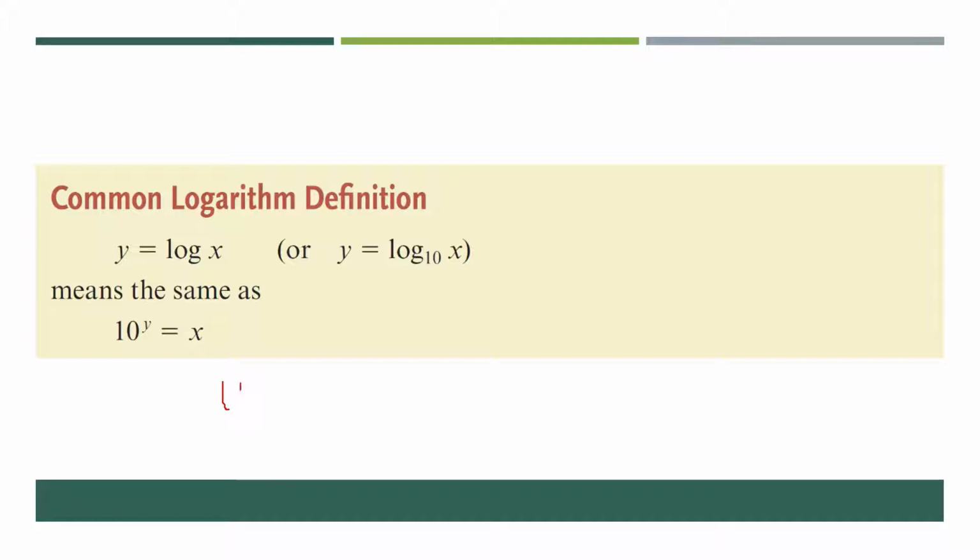You could rewrite this similarly to how I did in the last one, where you would write y equals log of x, and then do your little double-sided arrow. So it means the same as 10 to the y.